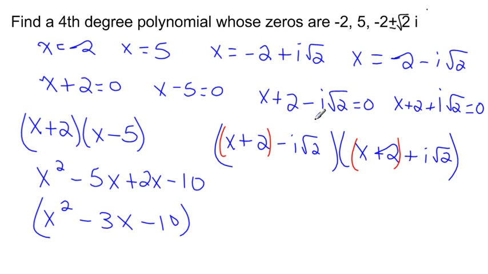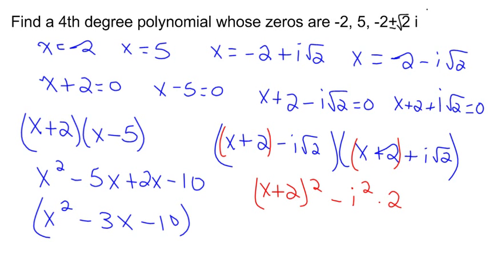So let's start with our first term here, x plus 2 times x plus 2. We can write this as x plus 2 squared. Then we would normally do the outers and the inners, but those cancel out down to 0. So we just have to do the last. So minus i rad 2 times positive i rad 2 will be minus i squared, and then rad 2 times rad 2 is just 2 times 2.